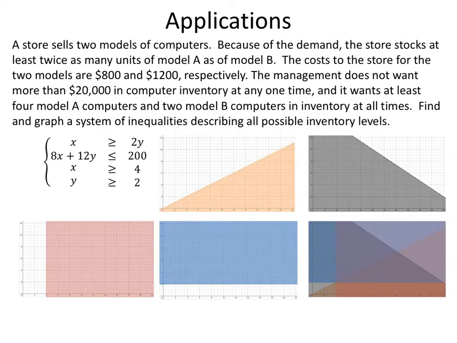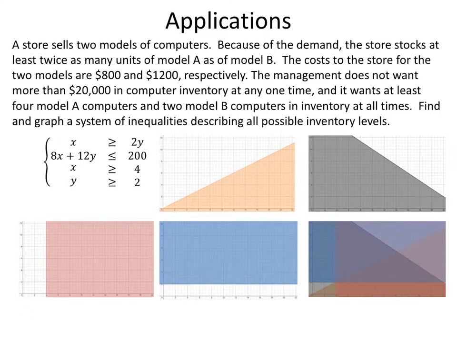So let's now talk about some applications. A store sells 2 models of computers. Because of the demand, they stock at least twice as many models of unit A, or X, as unit B. No, unit A is X, and unit B is Y. Sorry.